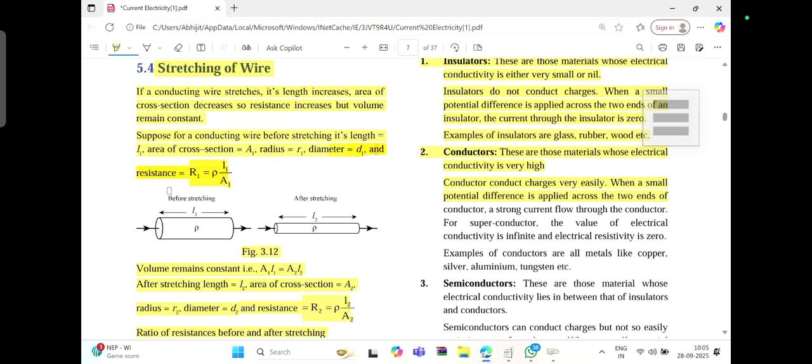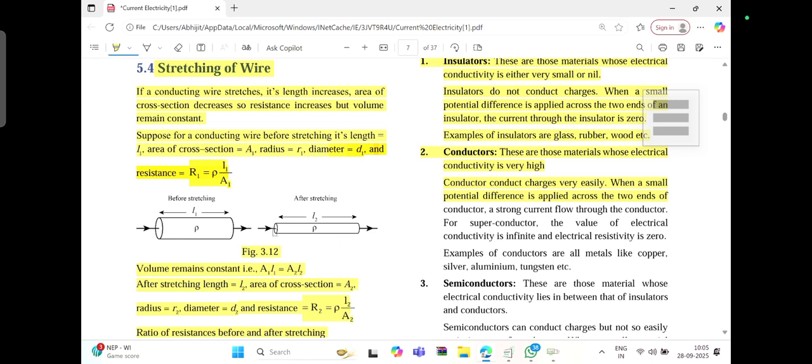We know the volume of a cylinder is pi r square h, which depends on length and the radius of the cross sectional area. In this case the cross sectional area decreased but length increased.